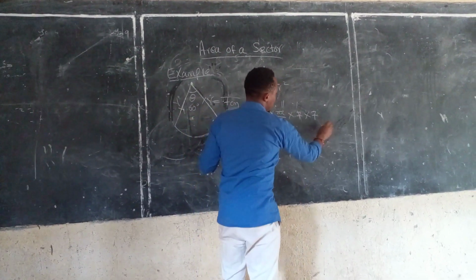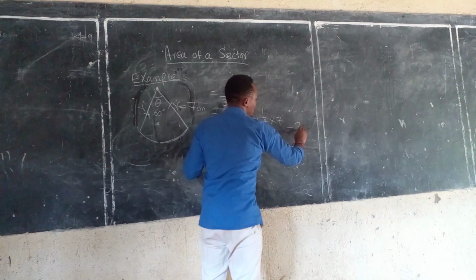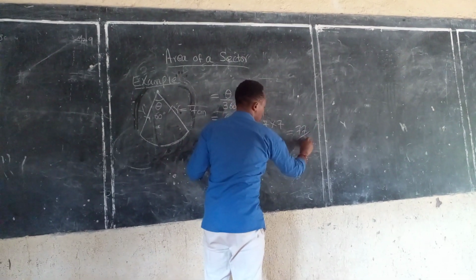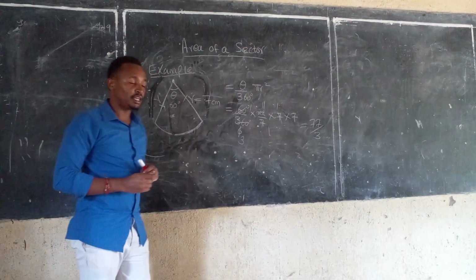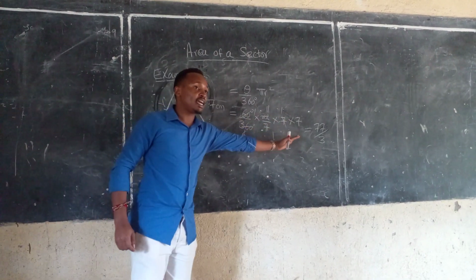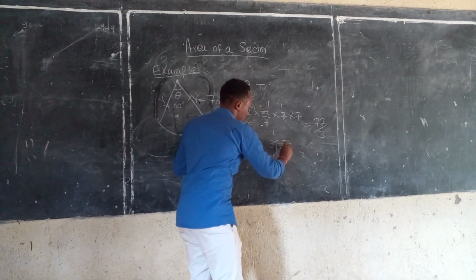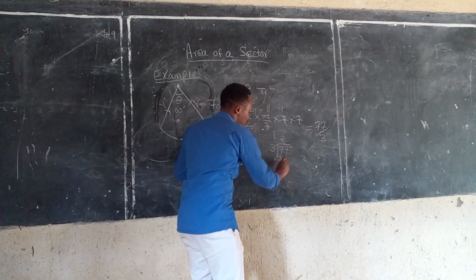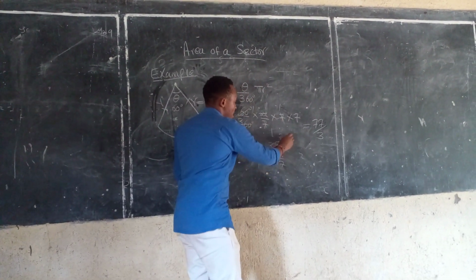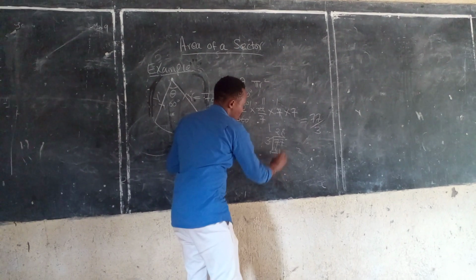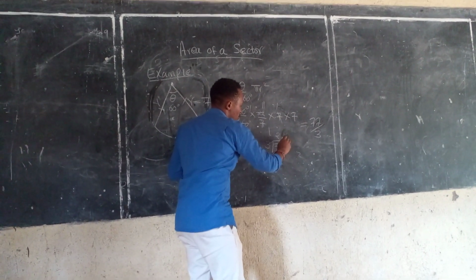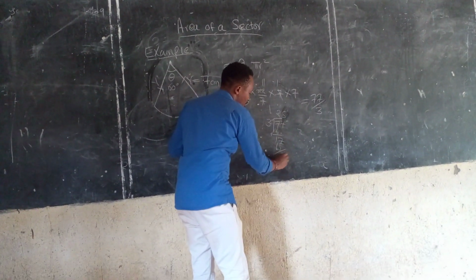So I'm going to get 11 times 7, which is 77 over 3. Remember, you cannot leave your answer in that format. So I'm going to have 77 divided by 3. By 2, that is 6, and 1 by, oh sorry, by 5 because of 15 with 2.